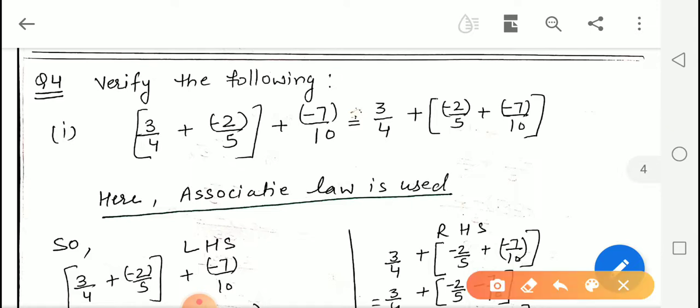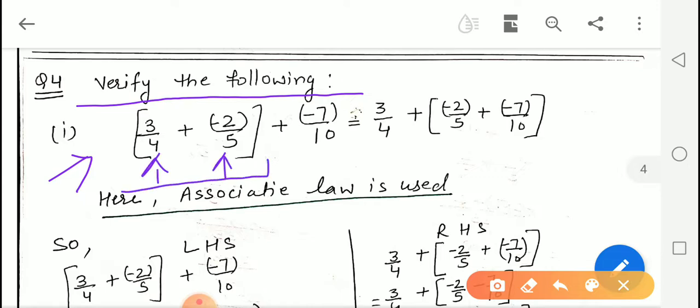Question number 4. In this also we have to verify the following, but we have to see which property is used here. This is the first part. Here you can see two rational numbers are written in this bracket, and this bracket is added to a third rational number.